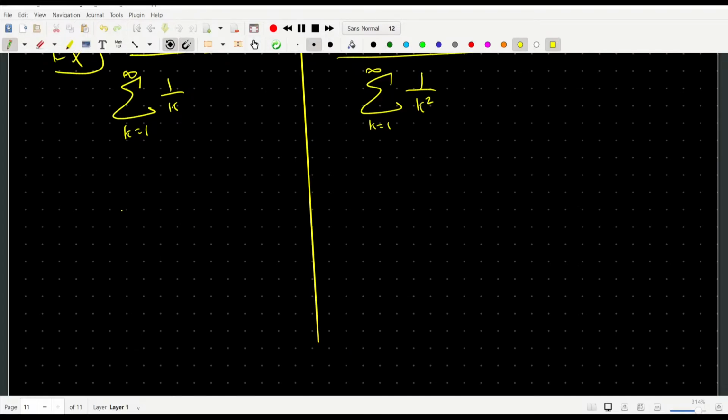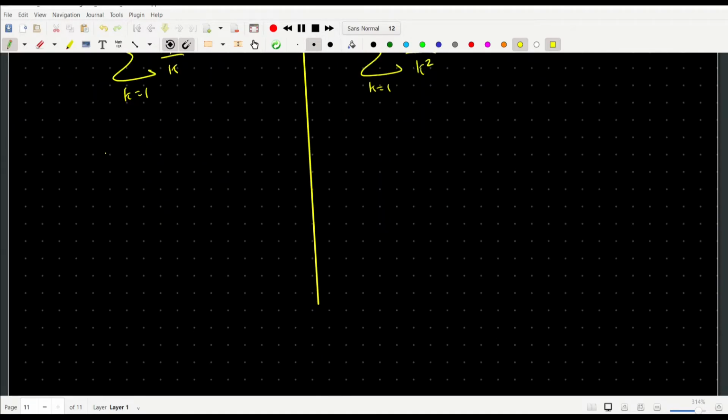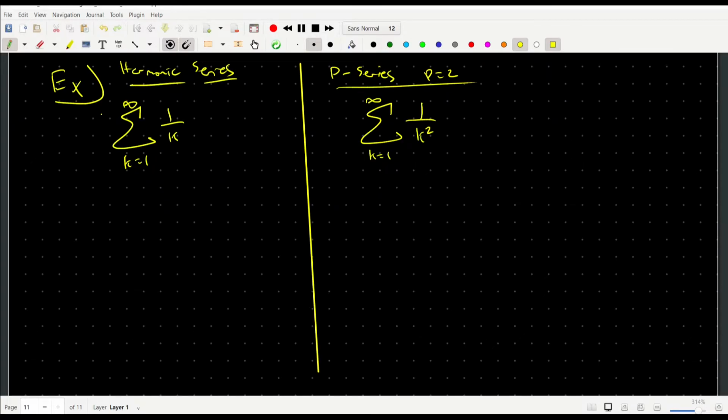And so when we do the root test on the harmonic series, the p series with p equal to 1, what we're going to end up getting for our limit rho is (1 over k) to the power 1 over k.